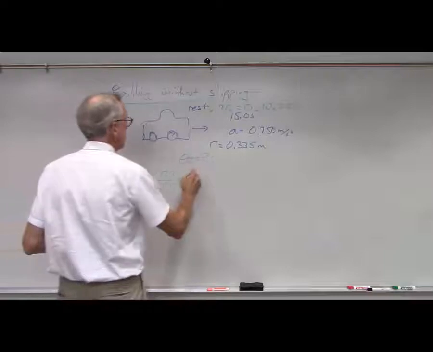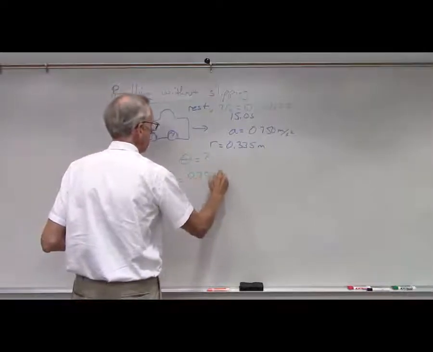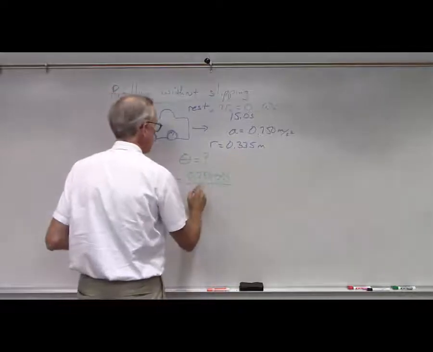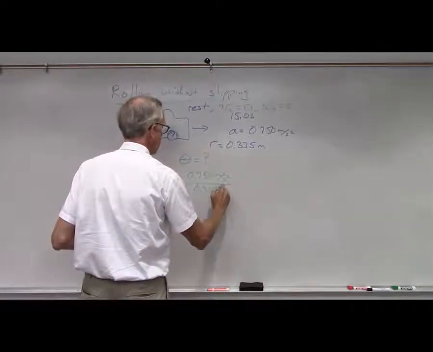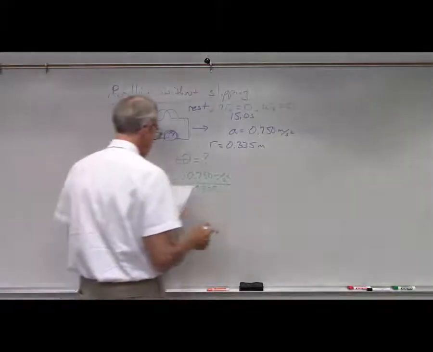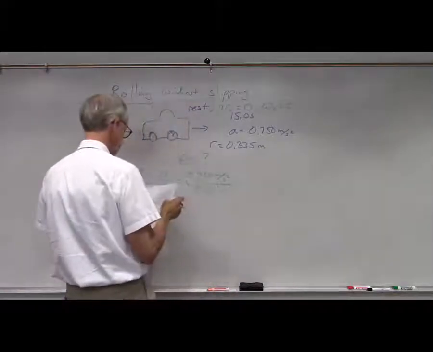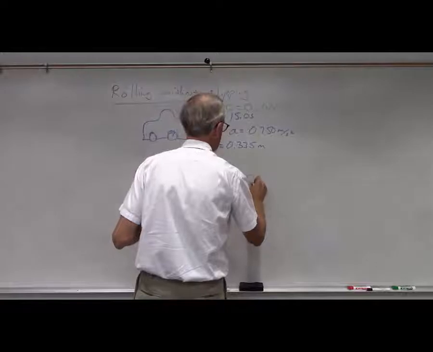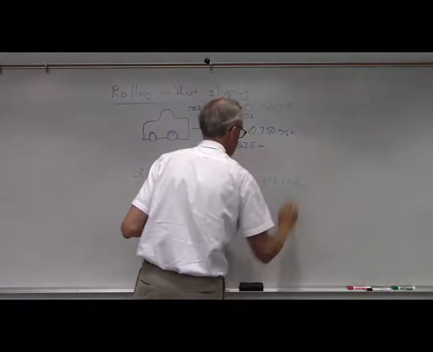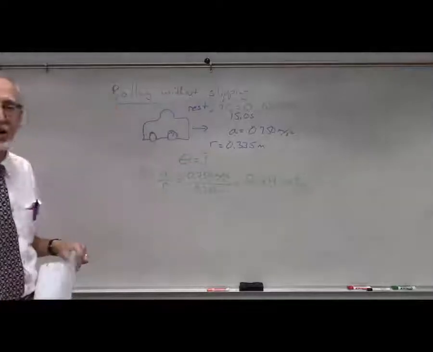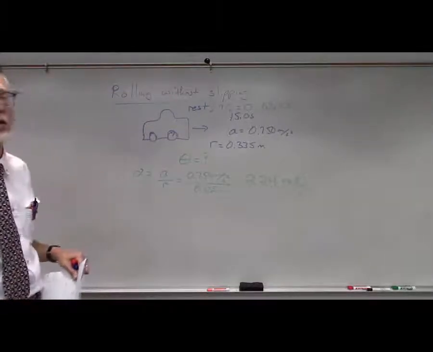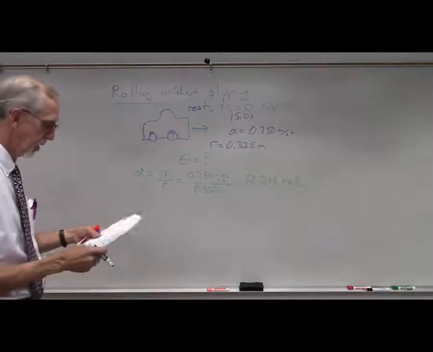In other words, 0.750 meters per second squared divided by r, 0.335 meters. Divide that out, and what do we have? We have that alpha is 2.24 radians per second squared. So the tire is going to rotate, speeding up at 2.24 radians per second squared.